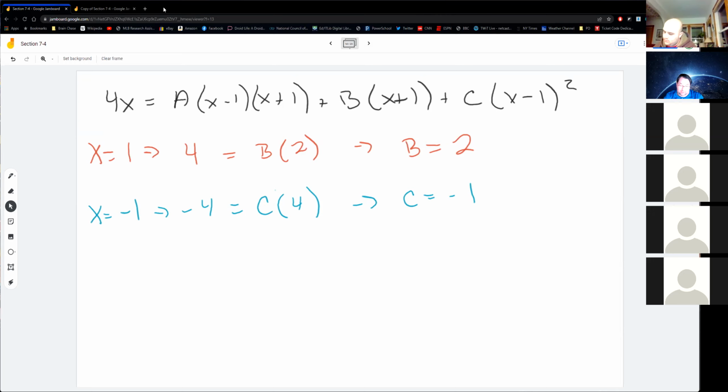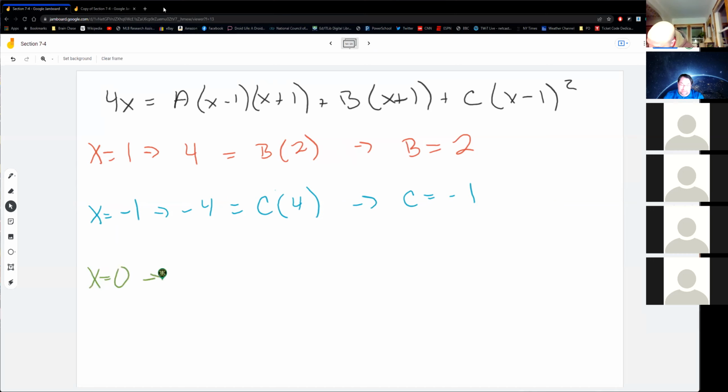So far, so good. So in this one, I don't have another number that I can plug in to get rid of things. So what's the easiest number in the world to plug in? 0.